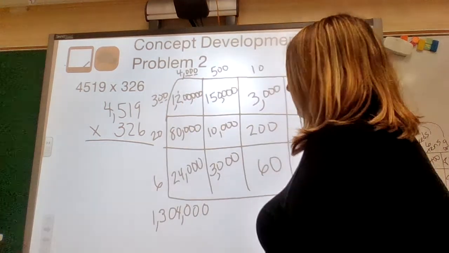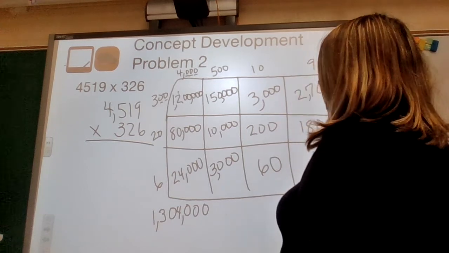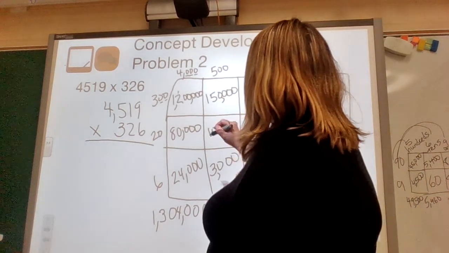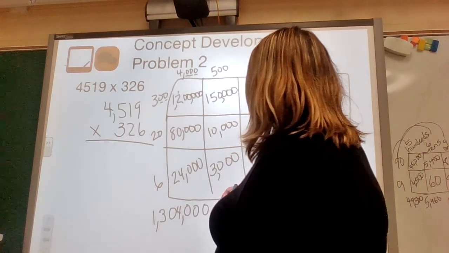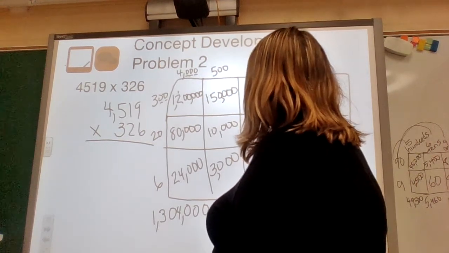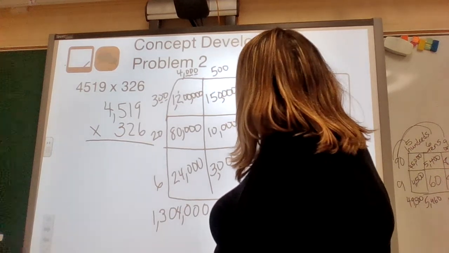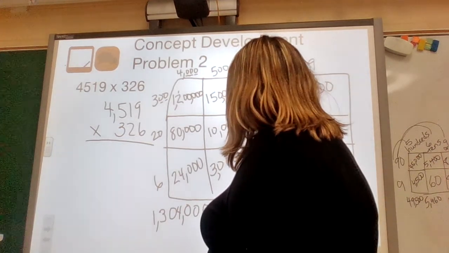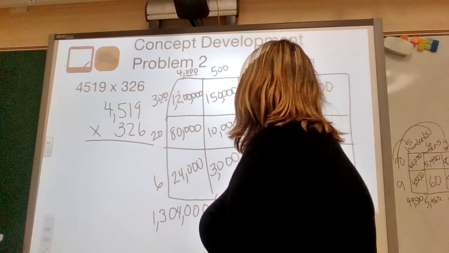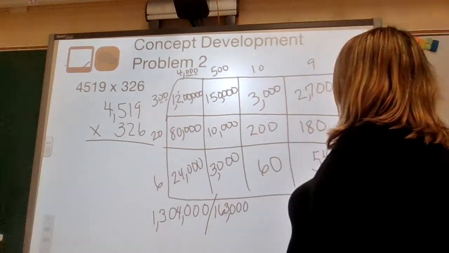So that's going to be 1,304,000. Okay, here I have 150,000 plus 10,000 plus 3,000. So I know I'm going to keep that 3 here, and I'm going to have 6, and then I'm going to have 1. So let's kind of split that up. I'm going to have 163,000 there.